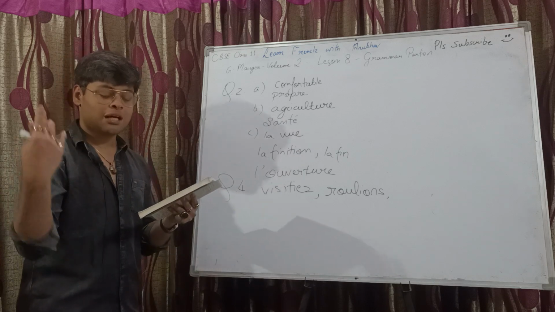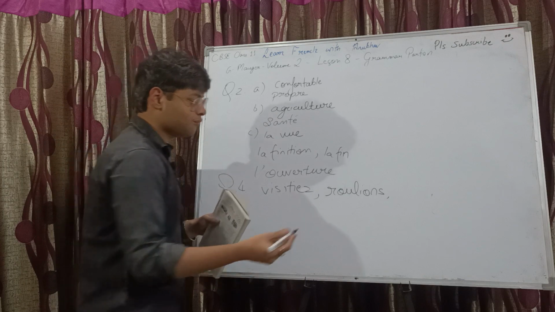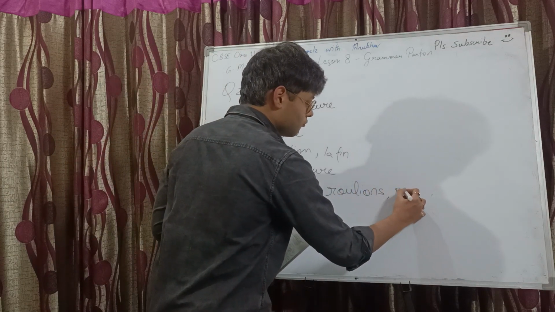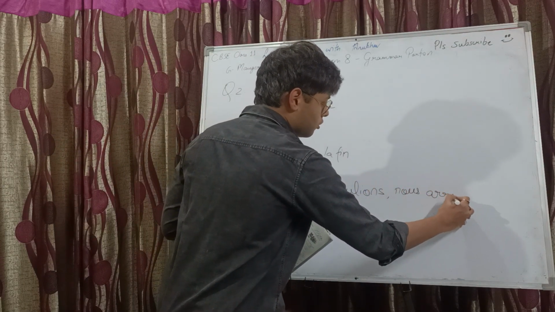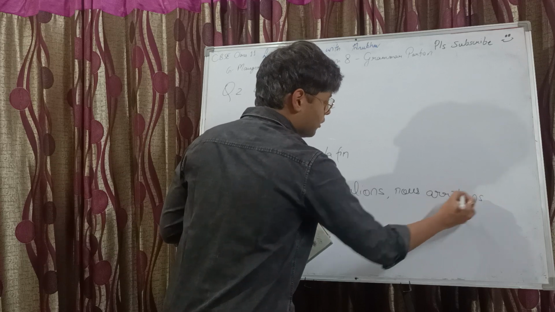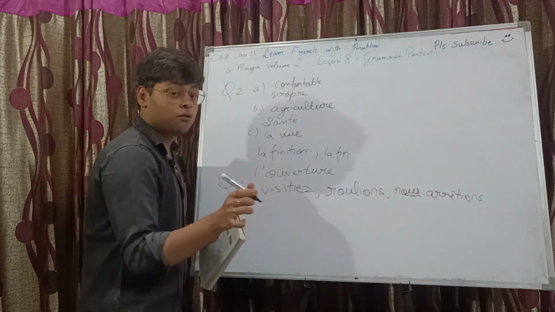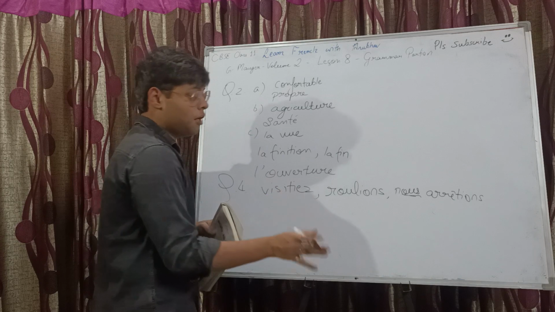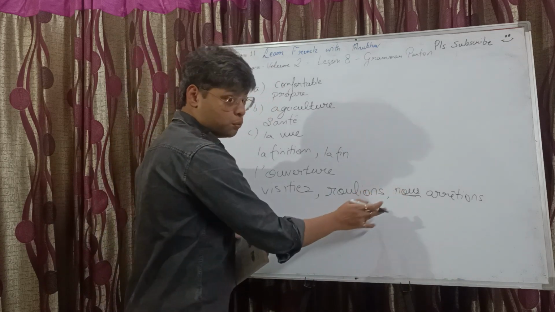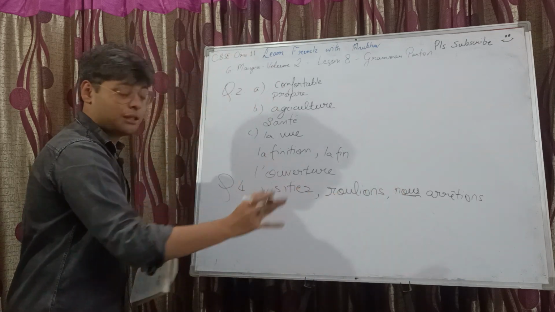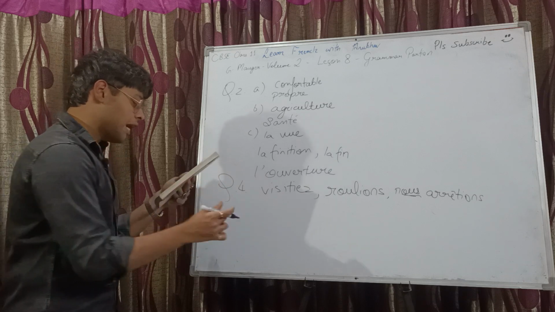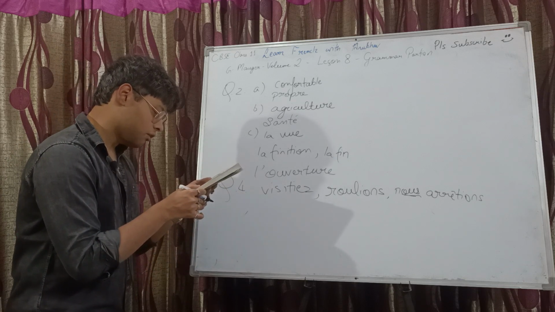So nous, and then arrêtions. To be noted that the nous I've written here is the pronom réfléchi of the pronominal verb. So you'll have two nous: nous arrêtions, like that.